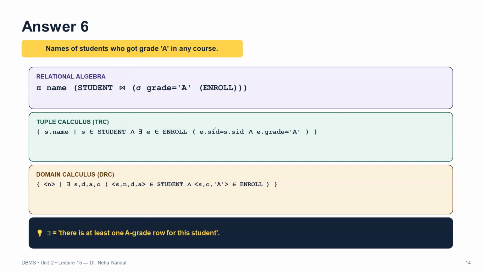The condition is, again, we have to perform the join by matching the common attribute SID: E dot SID is equal to S dot SID. And this time we are checking the grade. I hope you got it. In the same way, instead of CID, you will give the grade value. Great. Now let's move to the next question.